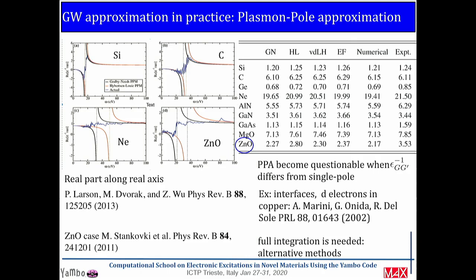For other systems, big differences arise. Let's have a look, for instance, at zinc oxide. Here the Godby-Needs differs by 0.01 electron volt from the reference.